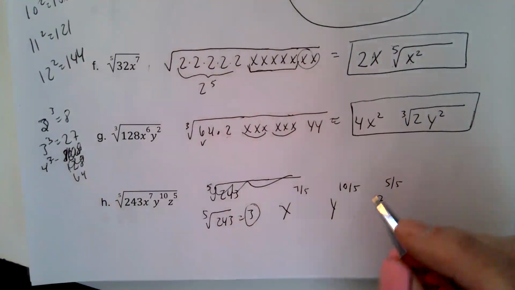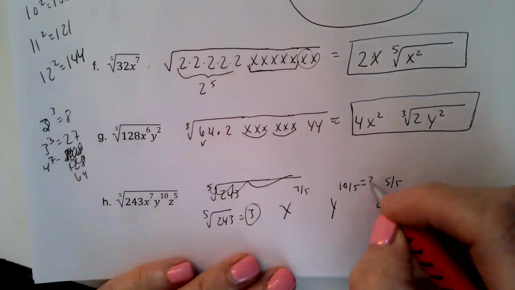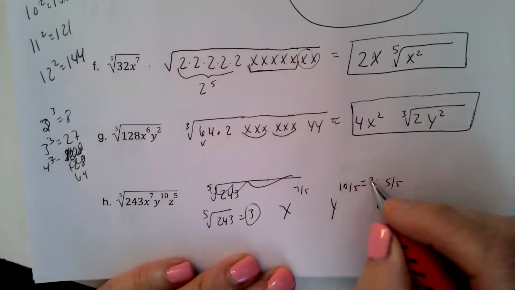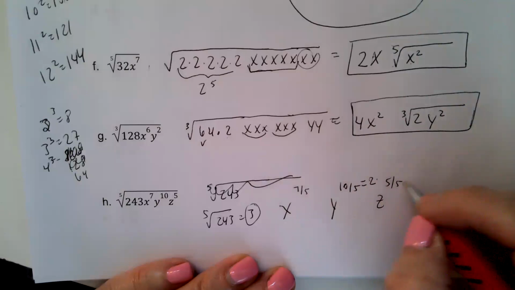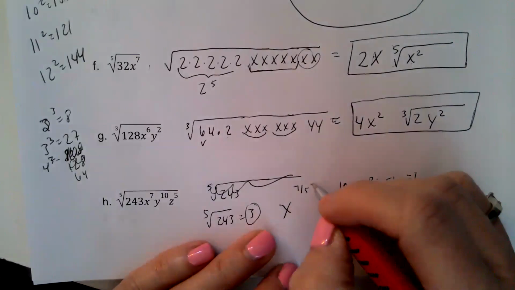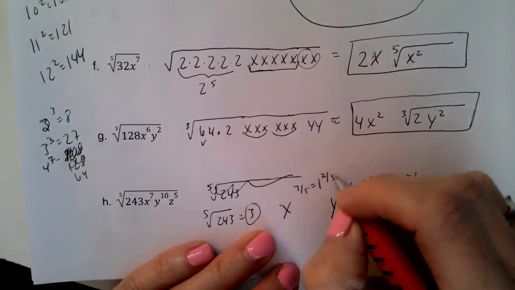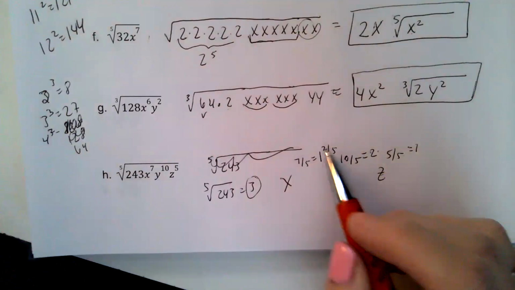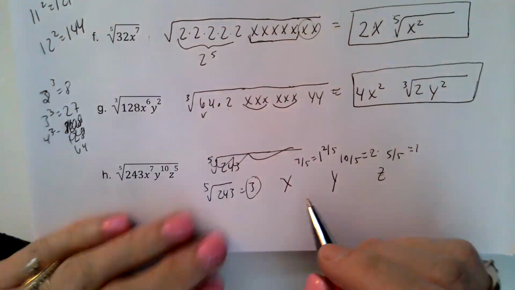So anything that simplifies to a whole number is what comes out. 10 over 5 simplifies to 2, so y squared. 5 over 5 simplifies to 1, so just a z comes out. Now, the 7 fifths is 1 and 2 fifths. So that means an x comes out, but there's an x squared left under the radical.